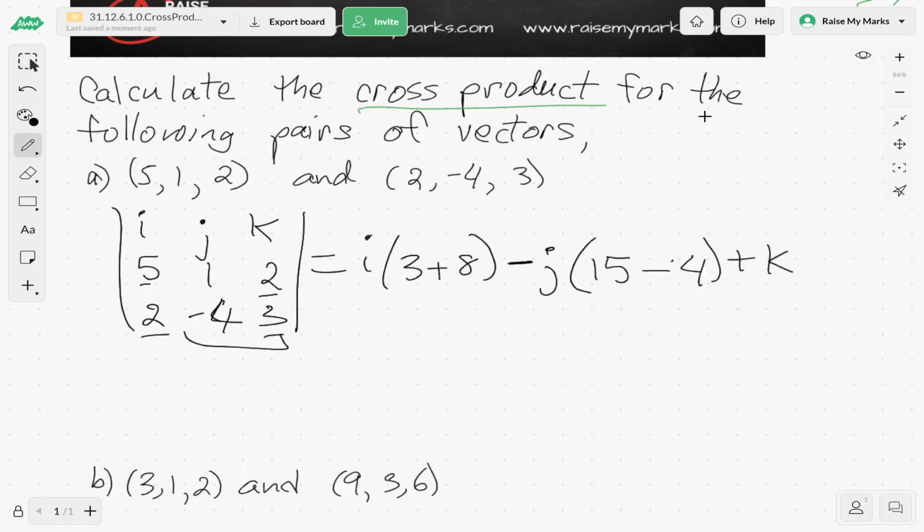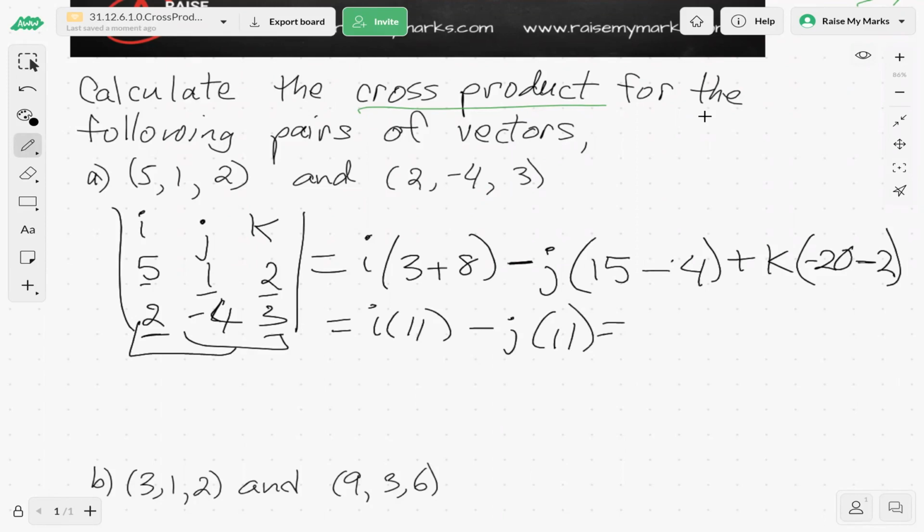Plus k times the coefficient of k, from this second box: 5 times negative 4 is negative 20, minus 2 times 1, which is 2. Let's simplify. We have i times 3 plus 8 is 11, minus j times 15 minus 4 is 11. Oh, that's interesting. Plus k times negative 20 minus 2 is negative 22.